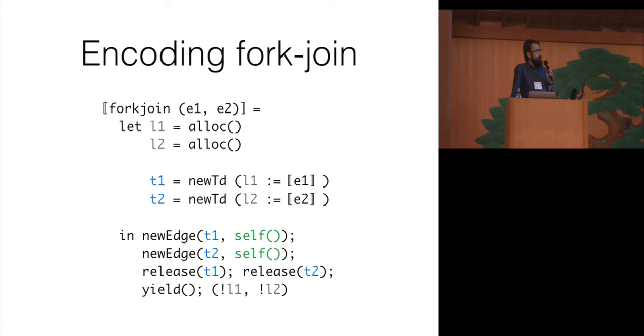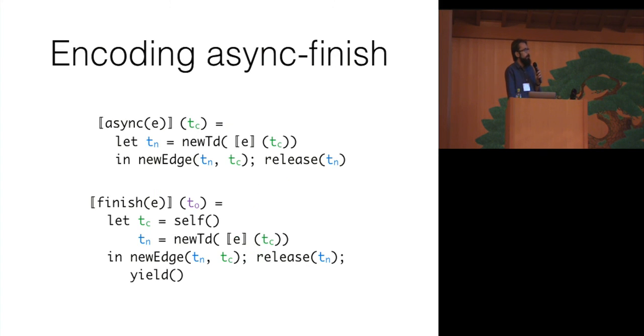And similarly, it isn't very much more difficult to encode async finish in a similar fashion. The only snag here is that in async finish we have this nesting structure of finish blocks. So we can have a finish within a finish, and these don't really have identities in the usual presentation.